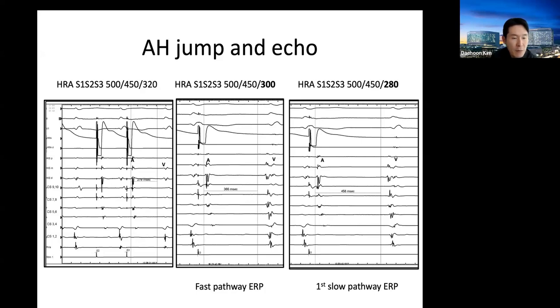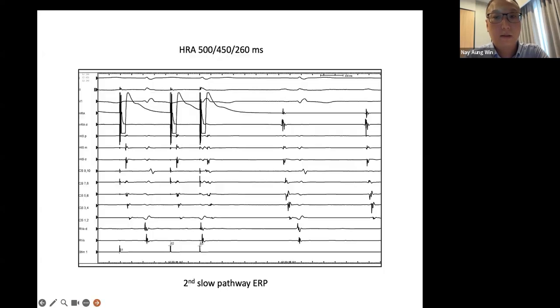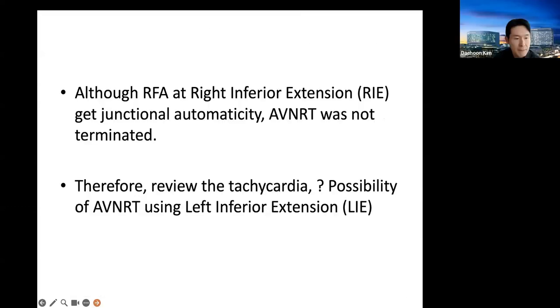Is there any use of ISO to induce tachycardia after final ablation? Did you use isoproterenol to induce tachycardia after final ablation? Yes.